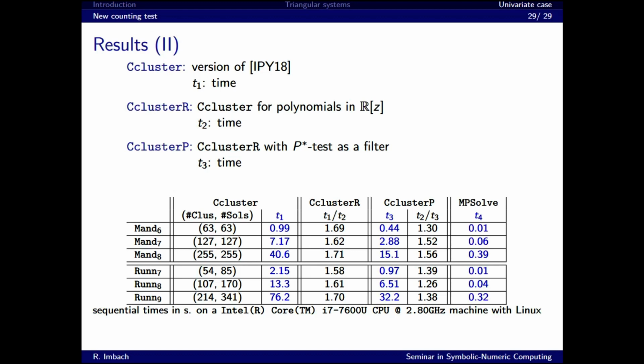MPsolve will perform way, way faster than us, but we are making progress. We don't hope to beat MPsolve, but to be a bit closer to it.